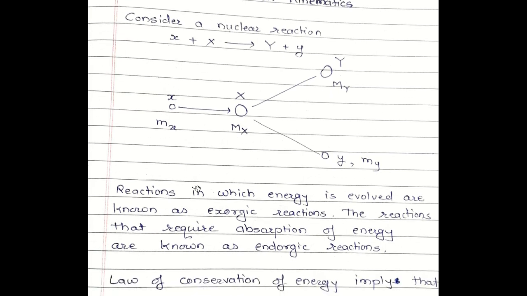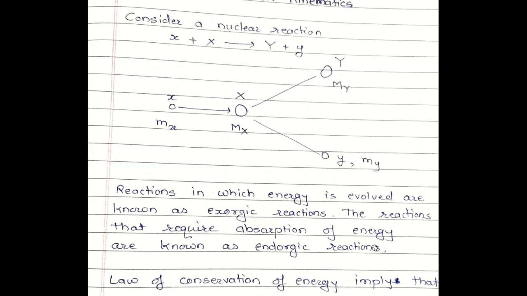The reactions in which energy is evolved or liberated are known as exoergic reactions. Whereas the reactions that require the absorption of some amount of energy are known as endoergic reactions.